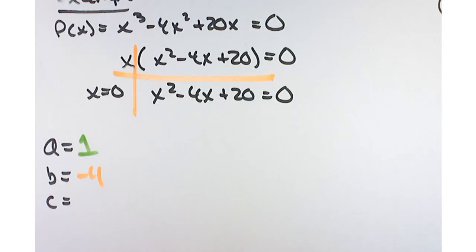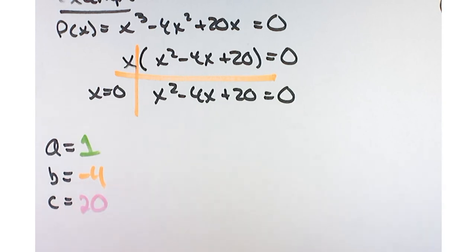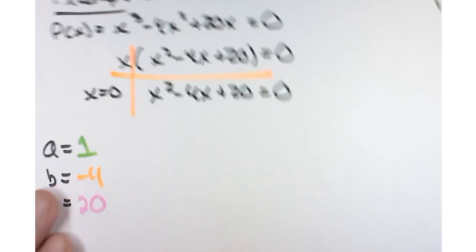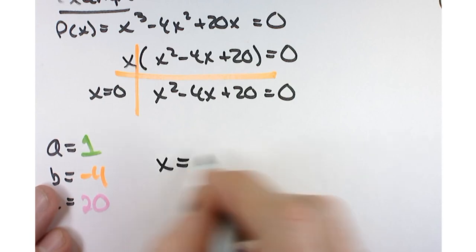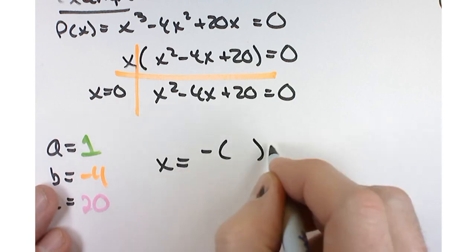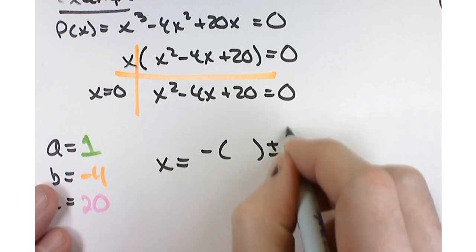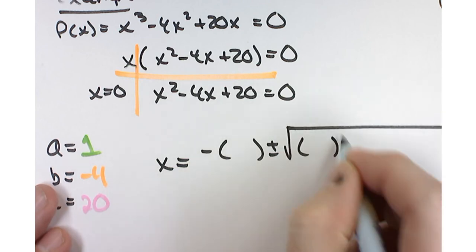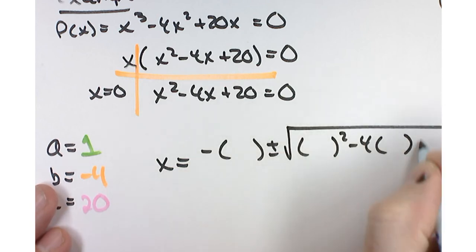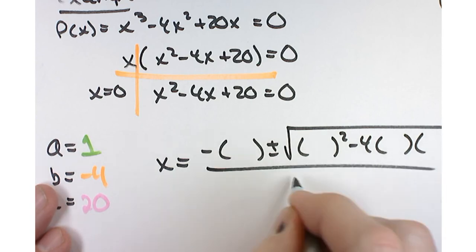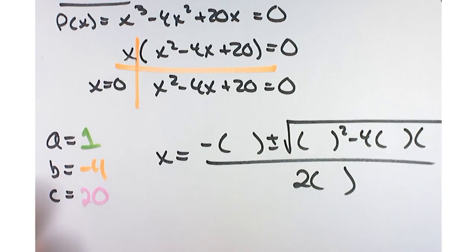Let's see here. There we go, 20. Thank you, Oz. So let's fill things in. Negative of something plus or minus the square root of something squared. That would be our B. Minus 4AC over 2A. Now, in the interest of time, I'm just going to fill these things in for you.